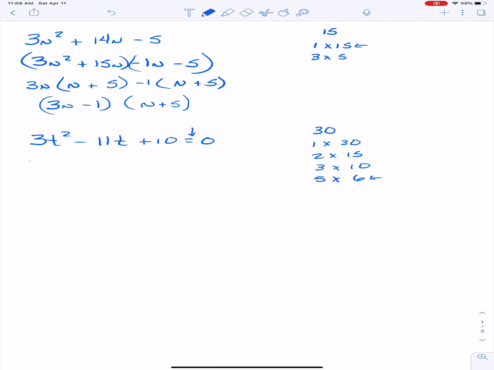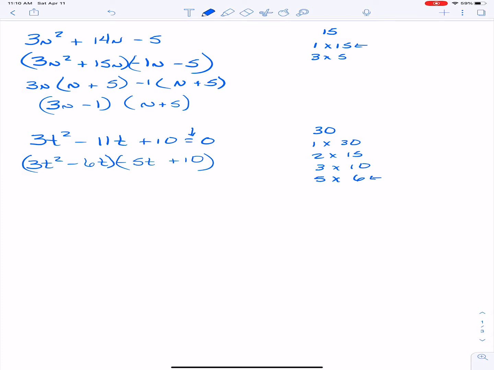So we're going to rewrite our equation. 3t squared minus 6t minus 5t plus 10. And doesn't negative 6t and negative 5t give me 11t? Now I group, and now I factor.